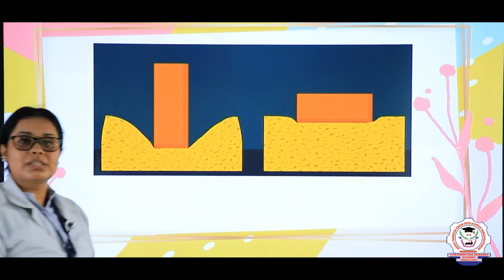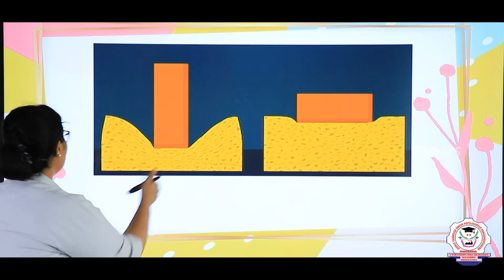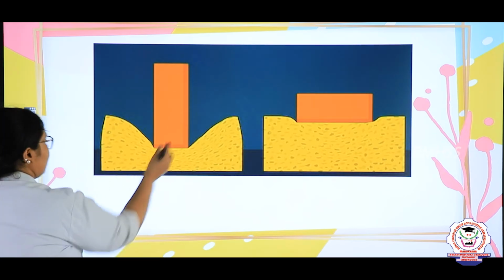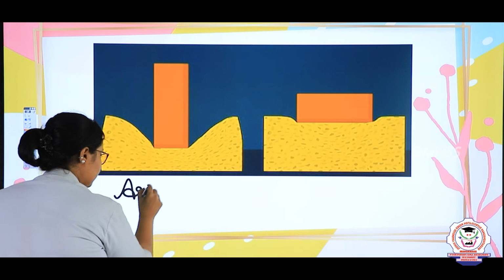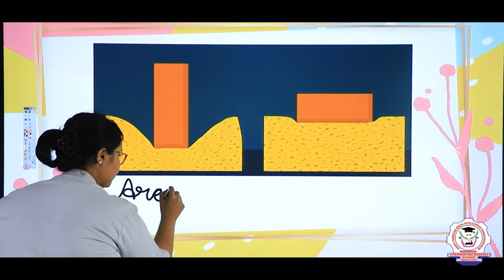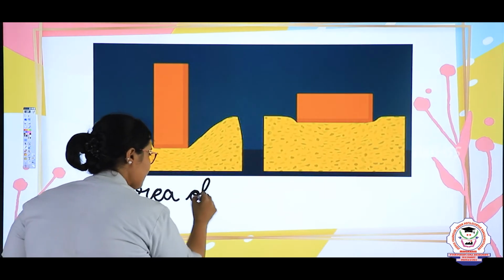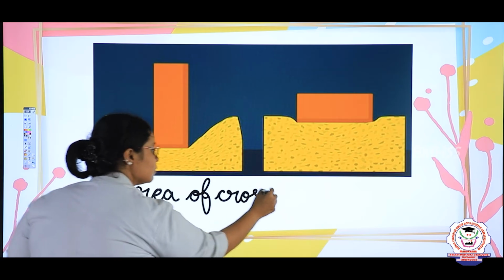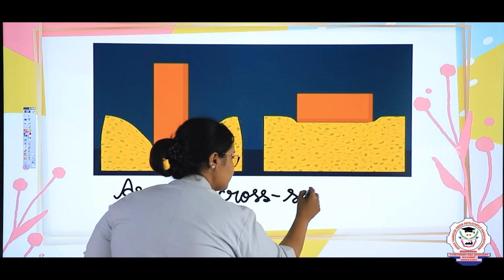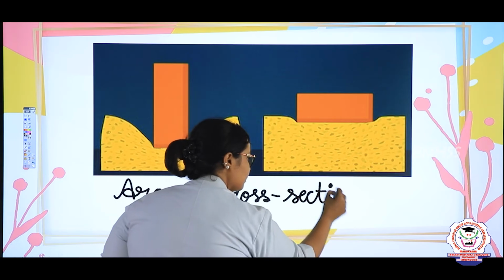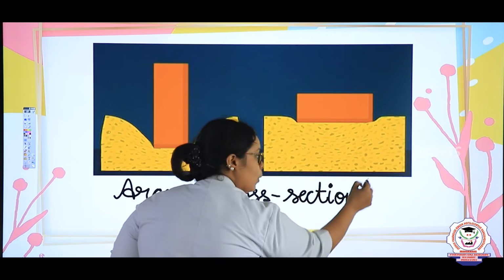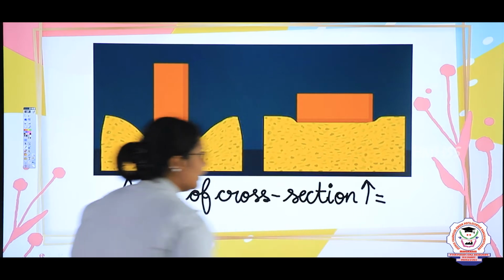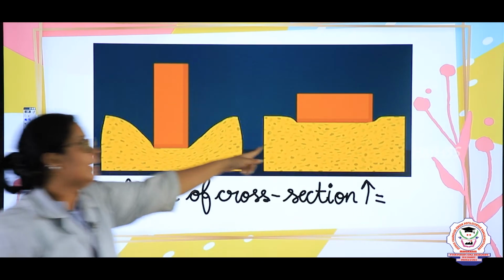So this shows that if the area of cross section is more, then you will see that the pressure applied will be less.